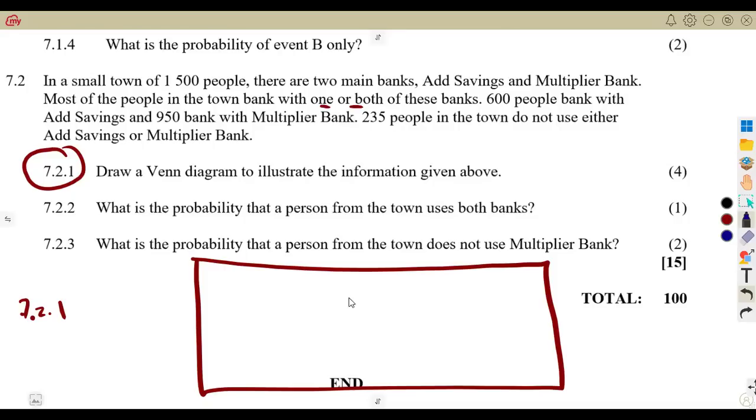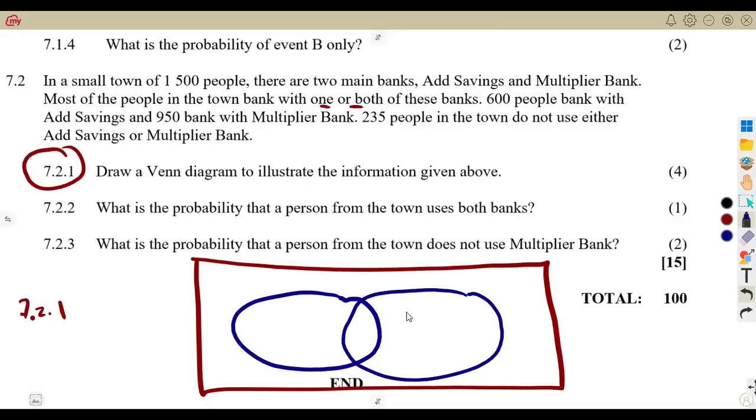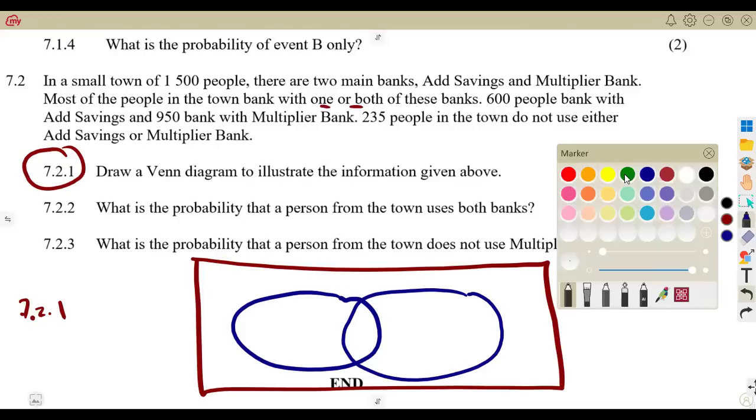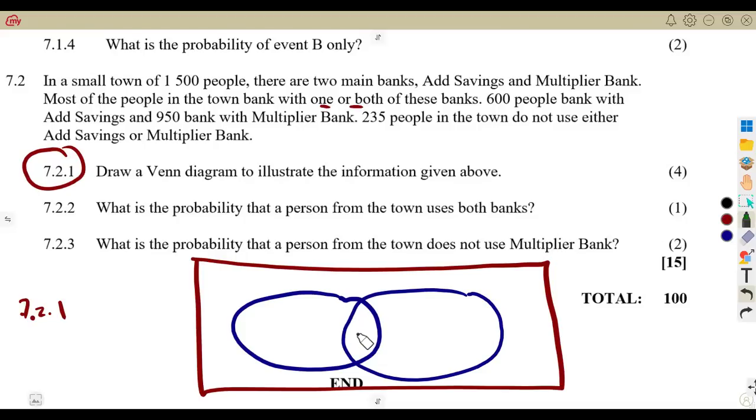One or both. So you can bank with one or you can bank with both. So there is an intersection there, but we do not know that. So let that intersection be X, the intersection of those who are using Add Savings. Remember, there is Add Savings and the Multiplier Bank. So there are those who are using both, we call them X.